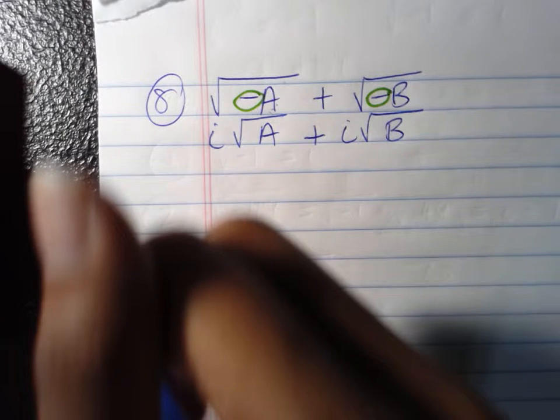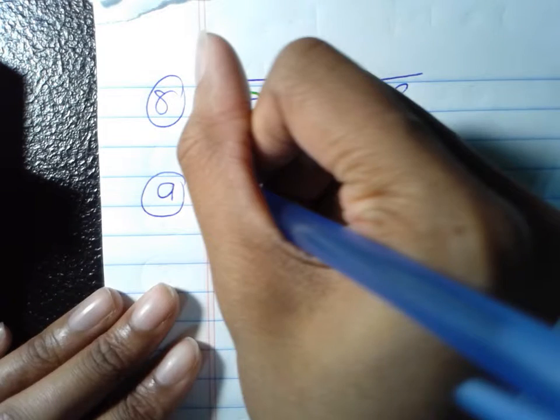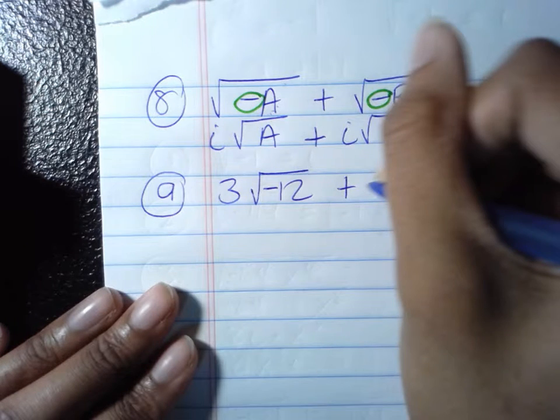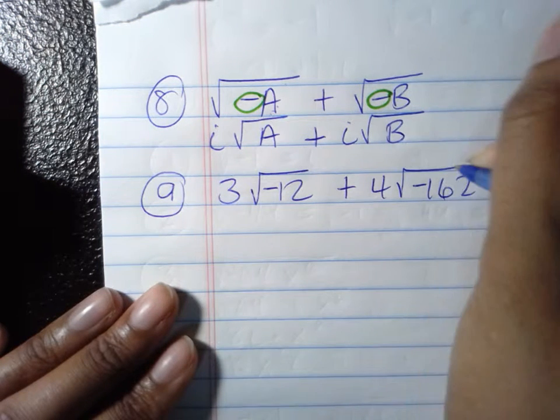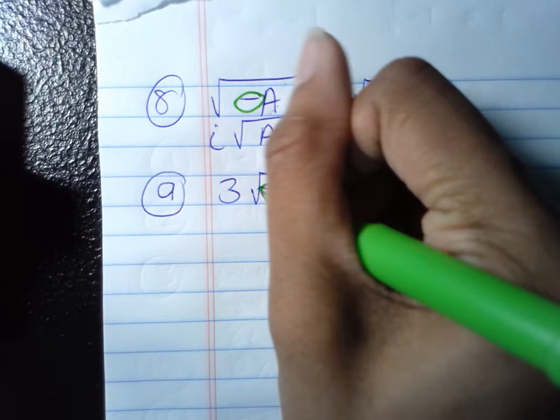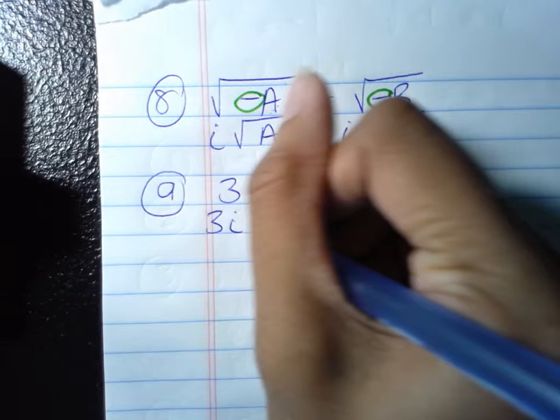Number 9. We have 3 square root of negative 12 plus 4 square root of negative 162. There are negatives in the square root, so there is an i. So I'm going to just take the i out automatically. Just breaking it down here.